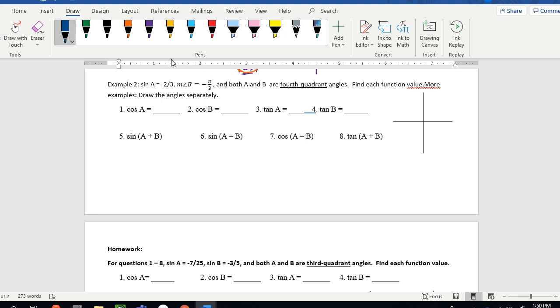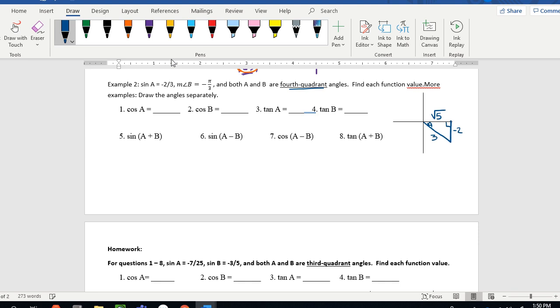All right, so on this one, this is for my sine of A, and it says they're both in the 4th quadrant. So sine of A is over here in quadrant 4. This is my A. And sine of A is -2/3. So with a little work with the Pythagorean theorem, I should get square root of 5.